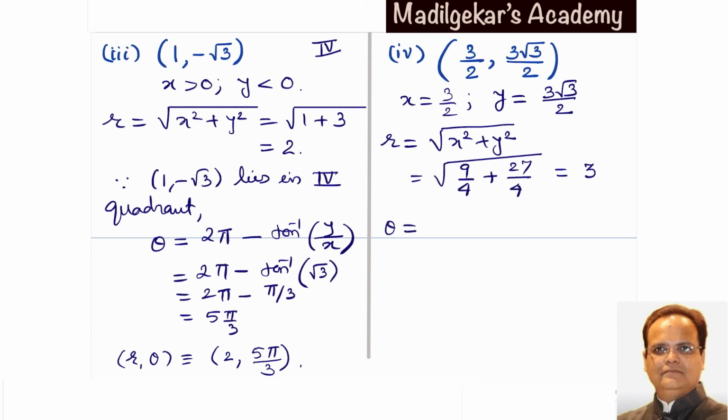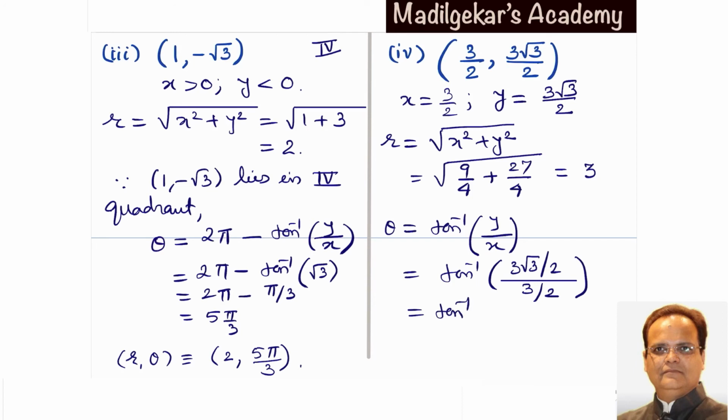To find vectorial angle theta, tan inverse y by x, that is tan inverse y, it is 3 root 3 by 2 upon x is 3 by 2. So 3 by 2 gets cancelled. Tan inverse root 3.